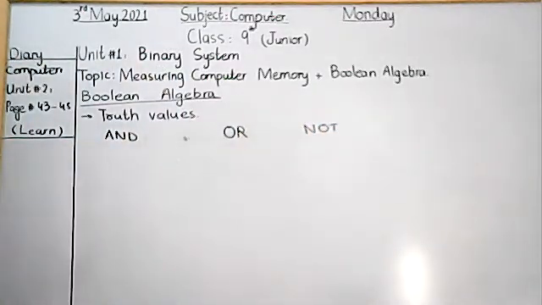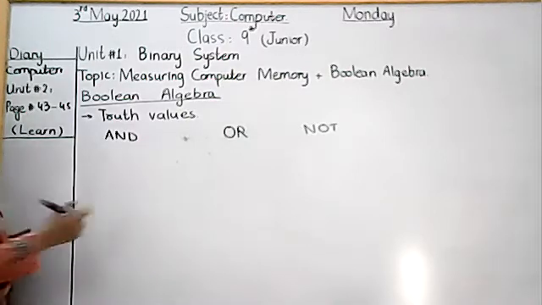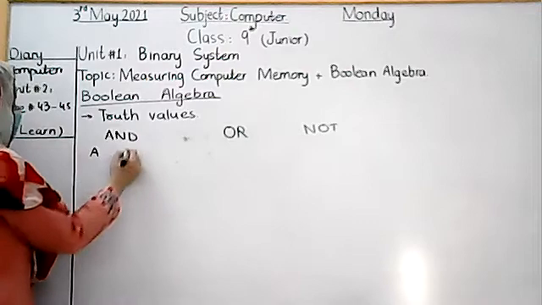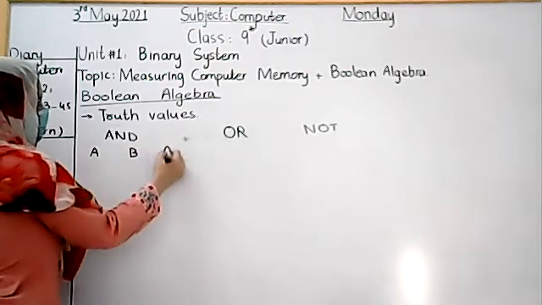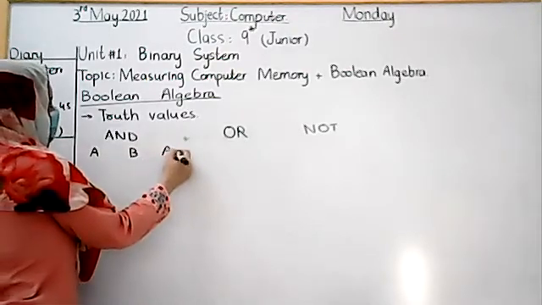These are basically 3 operators which are used to explain the truth values. So AND always comes with 2 operands. So here is the A, then will be the B, and then will be the A AND B.